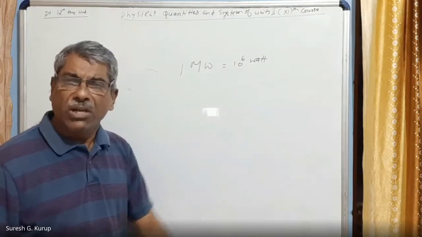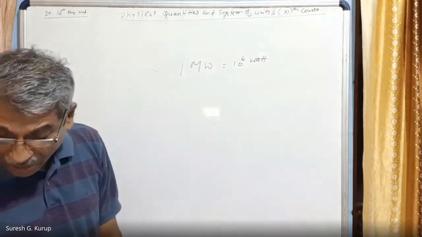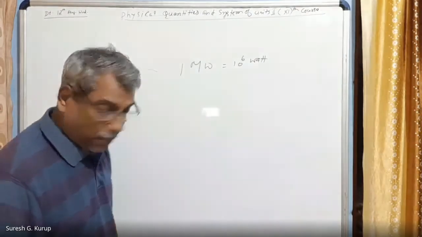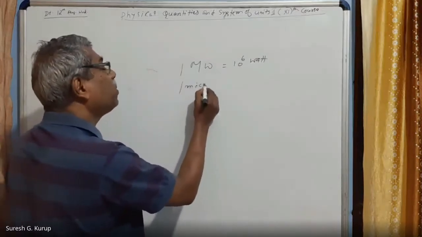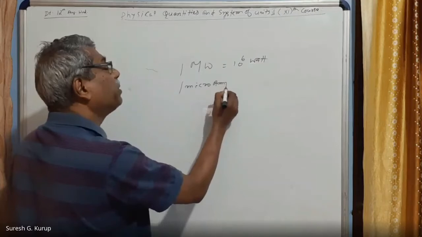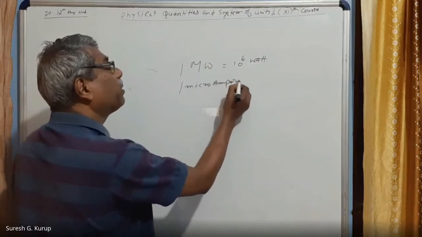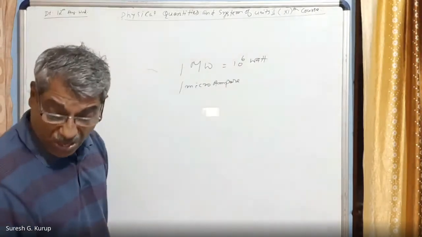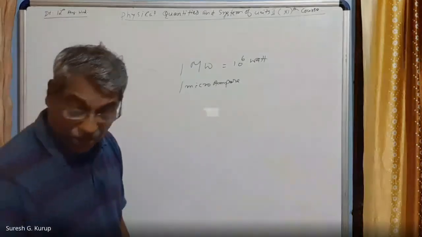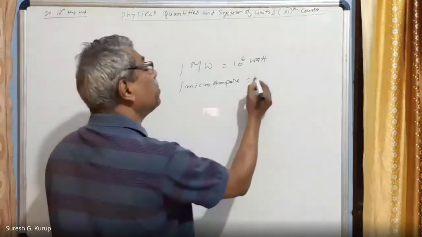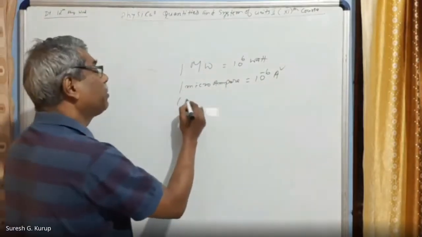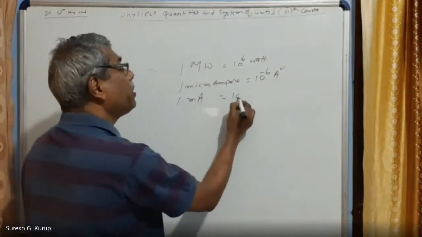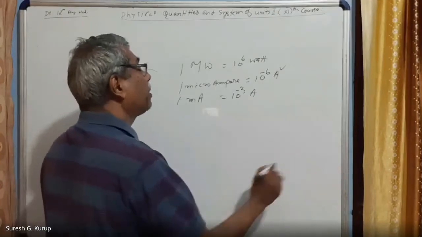This is internationally accepted. And also you see, 1 microampere is equal to 10 raised to minus 6 ampere. 1 milliampere is equal to 10 raised to minus 3 ampere.